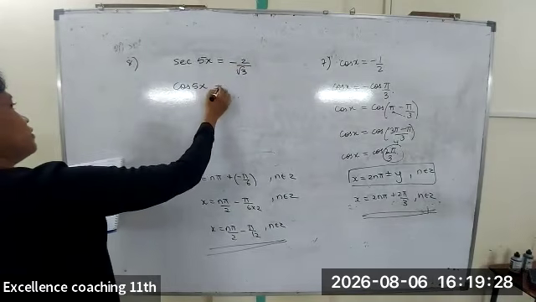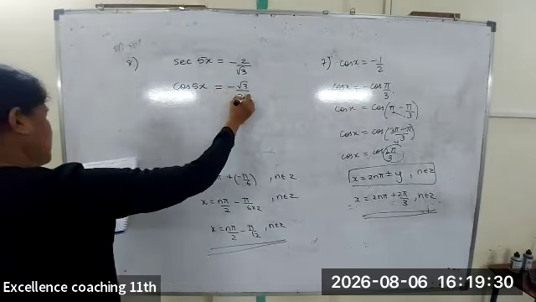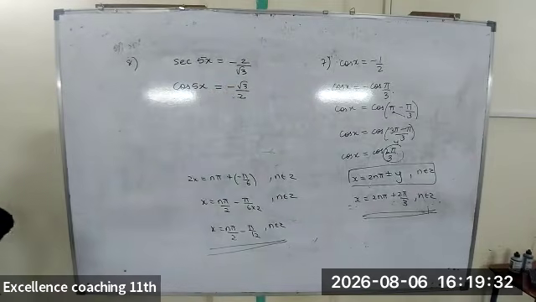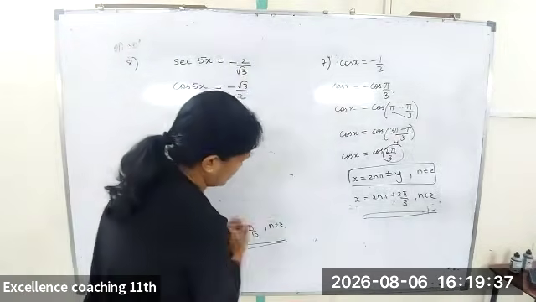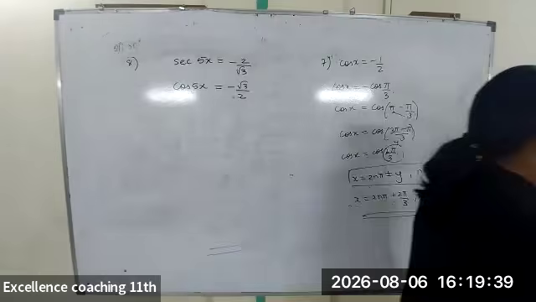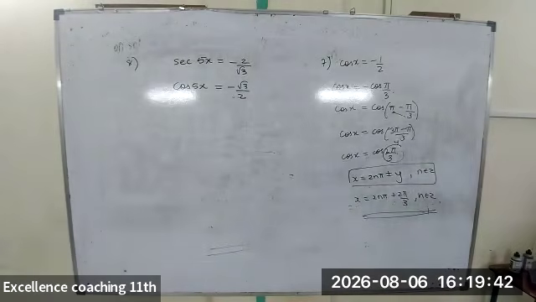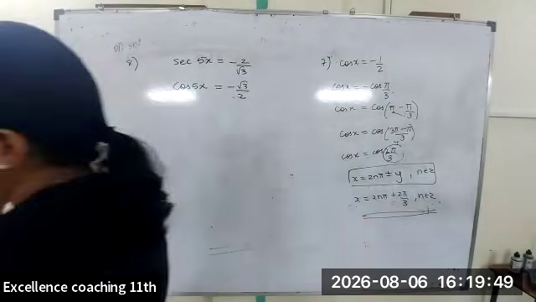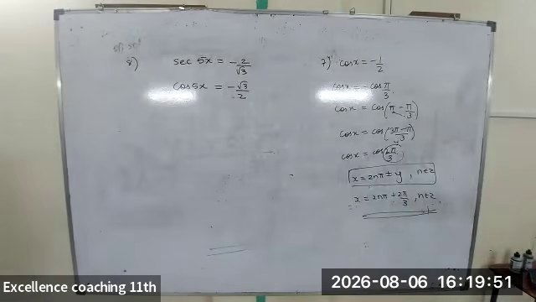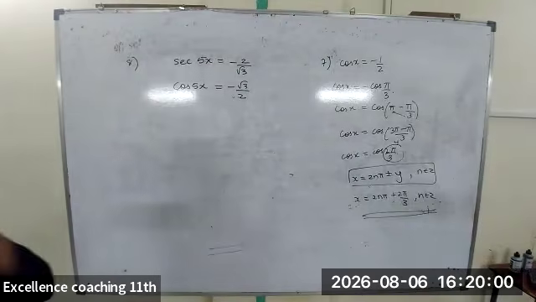Take the question as 2 upon root 3. Now the cos of which angle is root 3 by 2? 30, which means pi by 6.